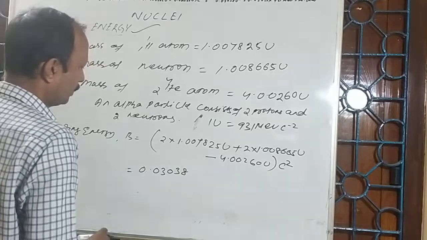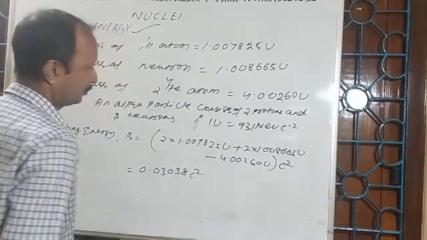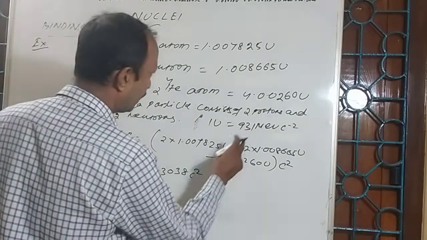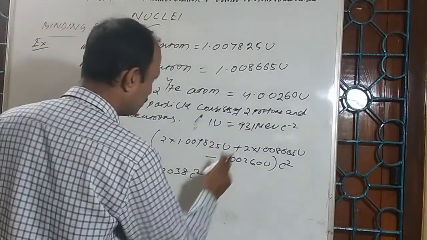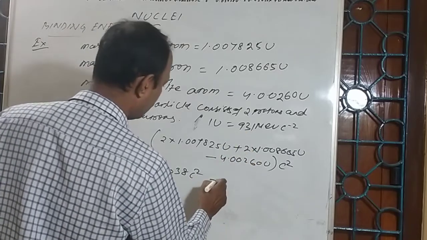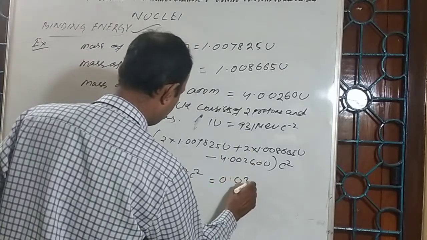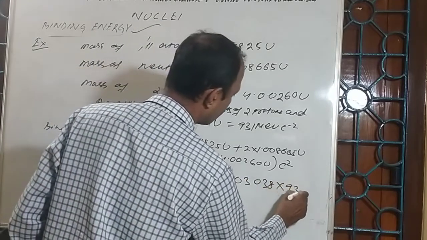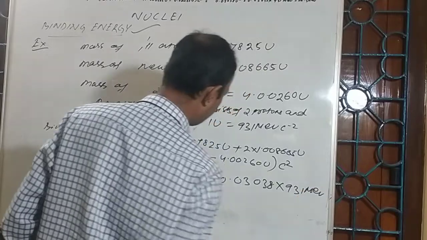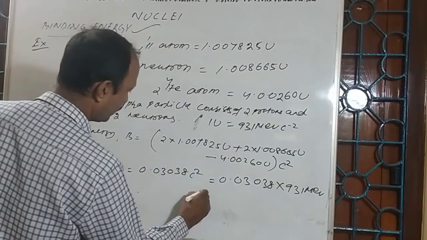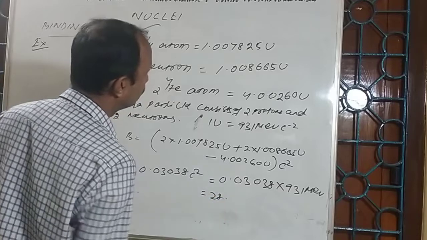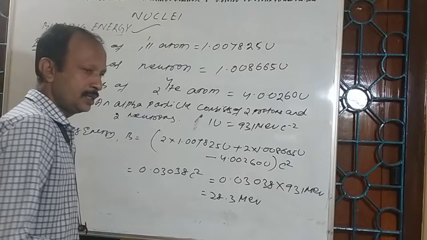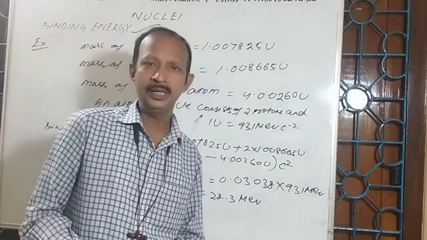So in this case I can convert into energy by multiplying 931, that means 0.03038 into 931 million electron volt. So if we calculate, it will be almost 28.3 million electron volt.